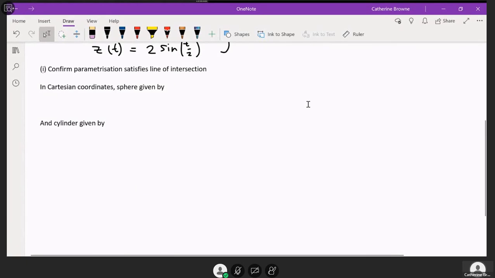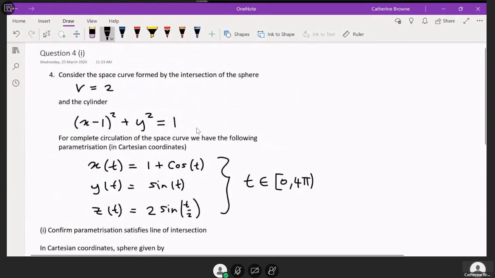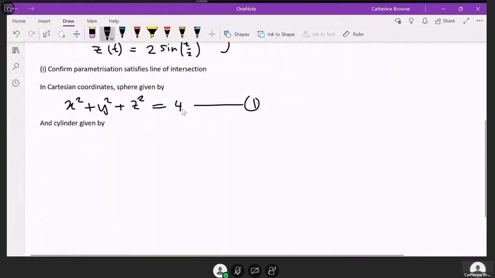So in Cartesian coordinates, the sphere is given by x squared plus y squared plus z squared is equal to 4. So that's equation 1, because the radius is given by 2, but it is equal to r squared, so that's 4.